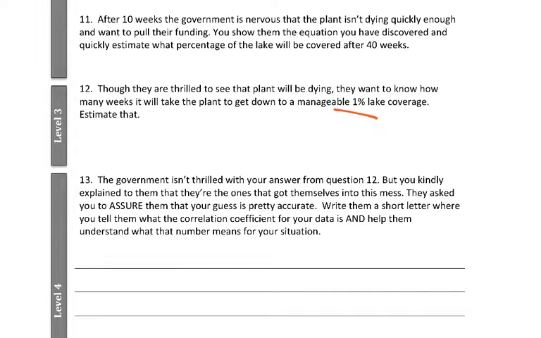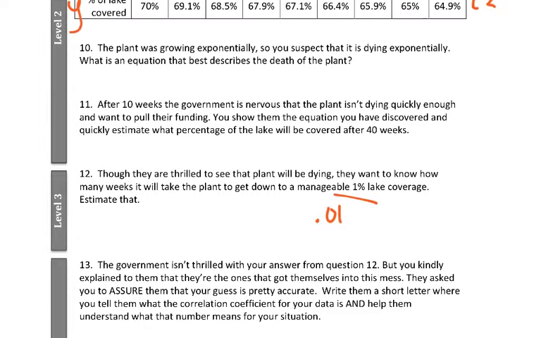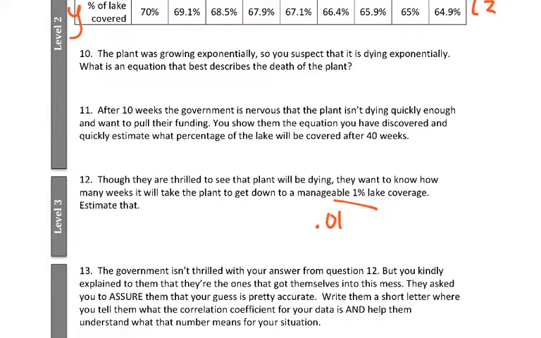Now your big hint here is that 1% is the same as 0.01. So you're trying to plug x numbers into the equation that you write on question 10. That's where you write your equation. And you're trying to plug in numbers for x until you get 0.01 out. Alright.